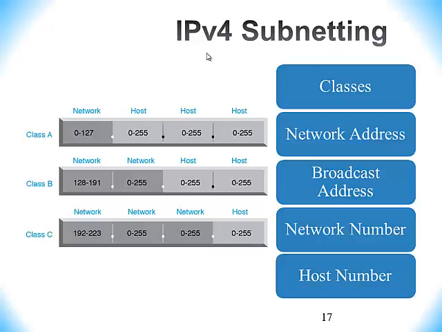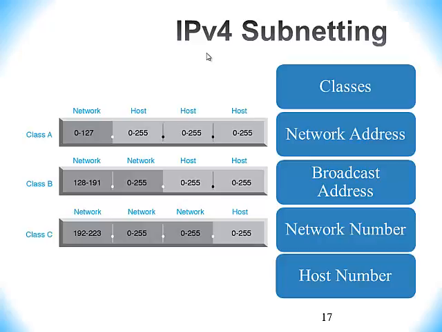The number of bits that are used to represent the network number and the host number depends on which class of IP address is being used. And it shows you there examples of Class A. It shows your network and your host there. With a Class A address, the first 8 bits represent the network portion and the remaining 24 represent the host number.